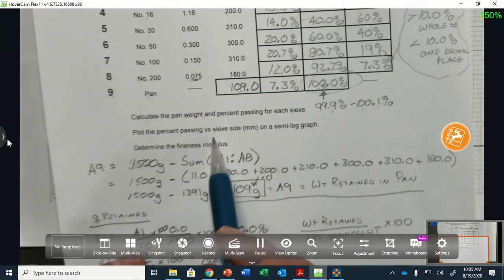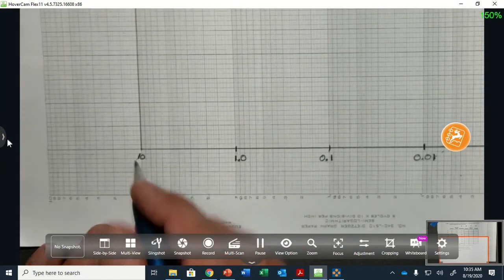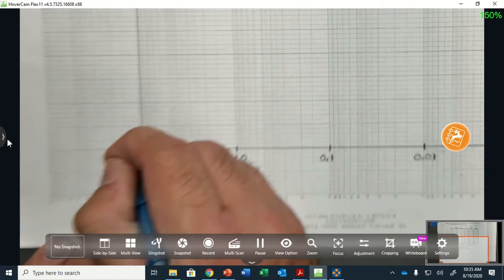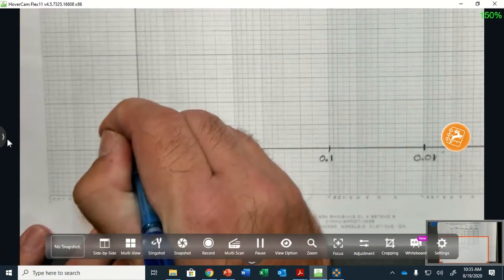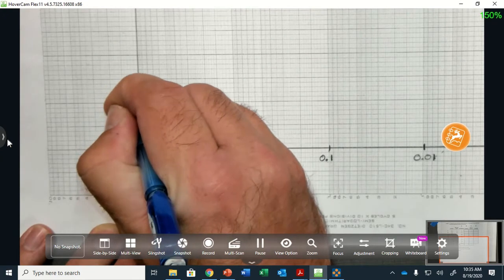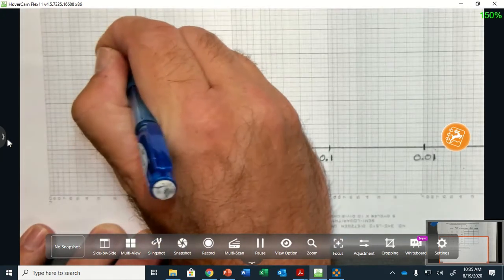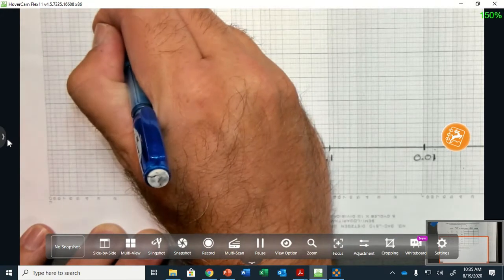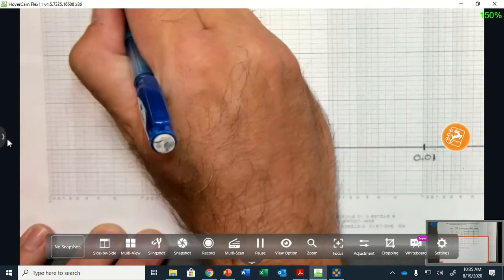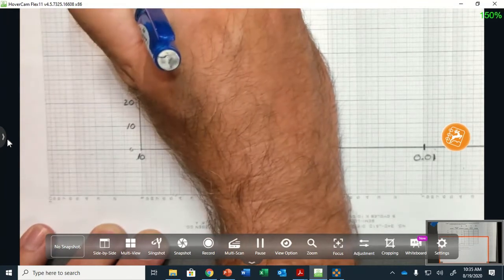Okay, so that's how I set up my x-axis. Now, that is percent passing versus sieve size. Now my y-axis, this is 0, so this is going to be 10, 20, 30, 40, 50, 60, 70, 80.